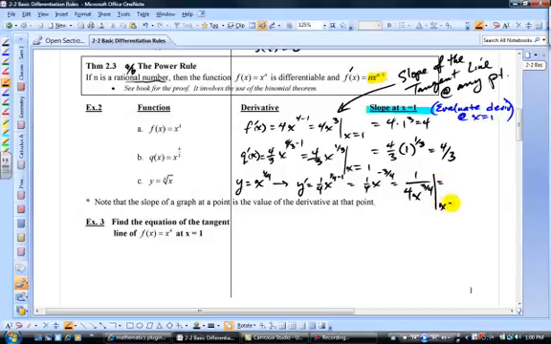Now if you evaluate this at x equals 1, you get 1 divided by 4 times 1, or 1/4. So you got the slope, which is found by evaluating your derivative at a particular x value. In this case, we want to evaluate the derivative at x equals 1 to find the slope.